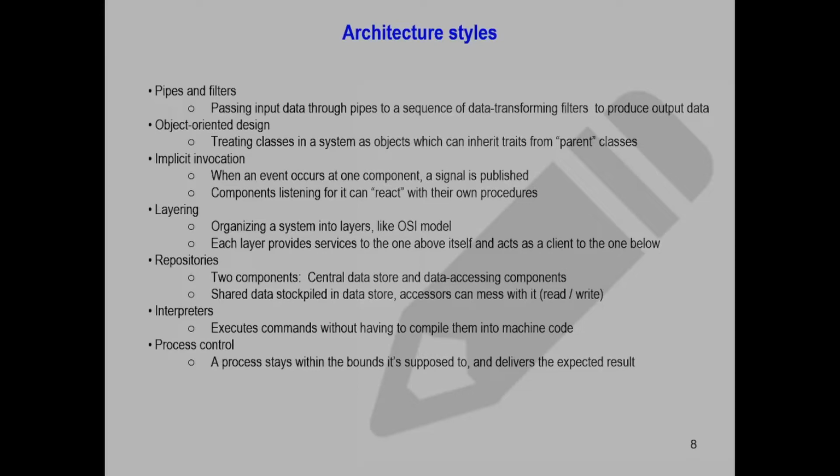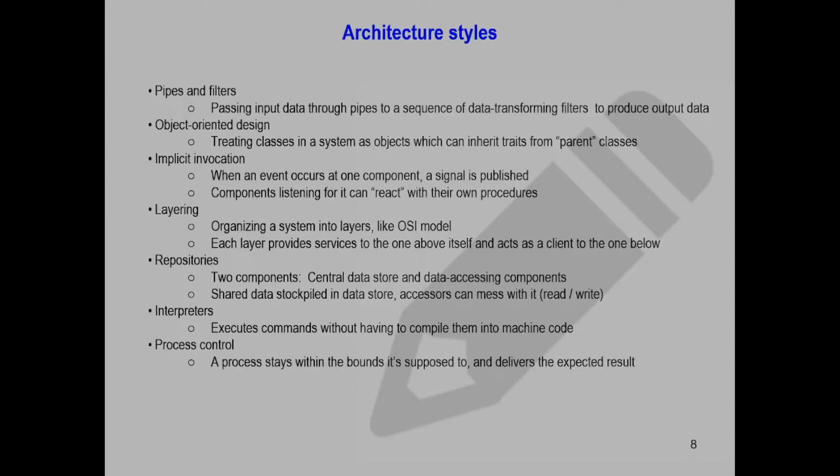A big old pile of data right in the middle, a bunch of lines branching out to these computers that are trying to use it. Interpreters. They execute commands without having to compile them into machine code. When I looked this up, it reminded me of Python, in that it just kind of does stuff without really thinking about it.